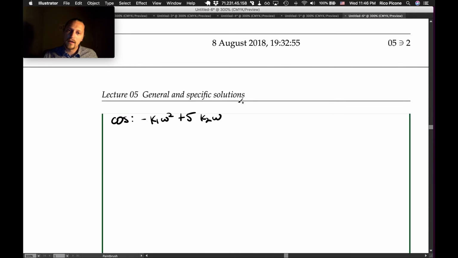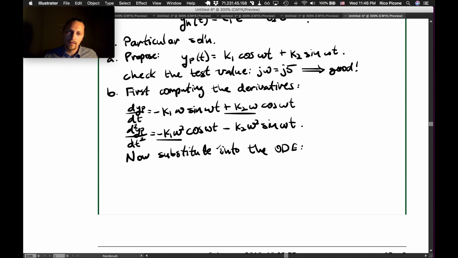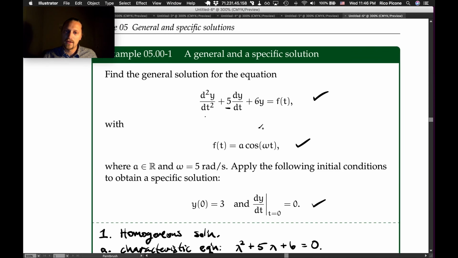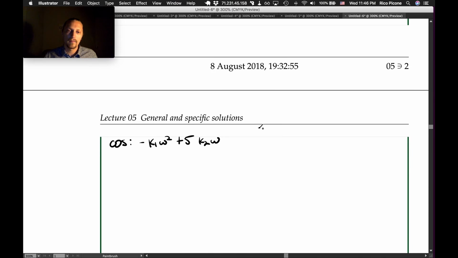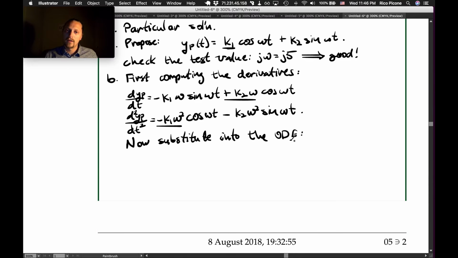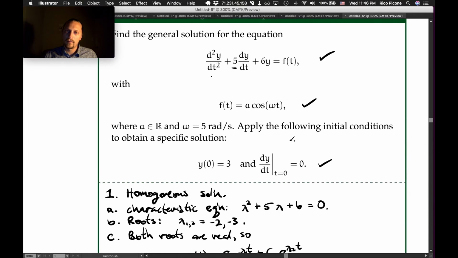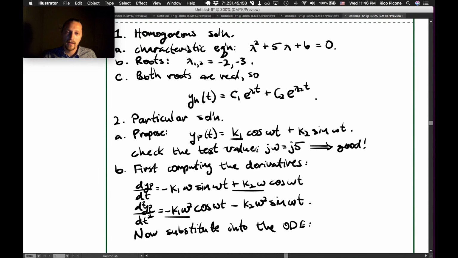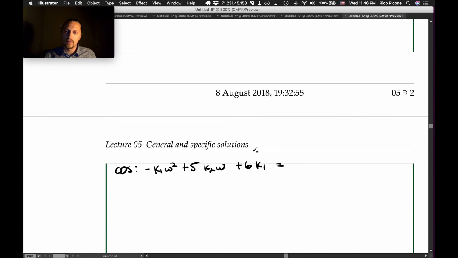And then the next term, we have k1, and that one has a coefficient of 6. So 6k1. And then on the right-hand side of the equation, we have whatever the forcing function is. It has a cosine, and it has this coefficient a. So the right-hand side of this equation is a.